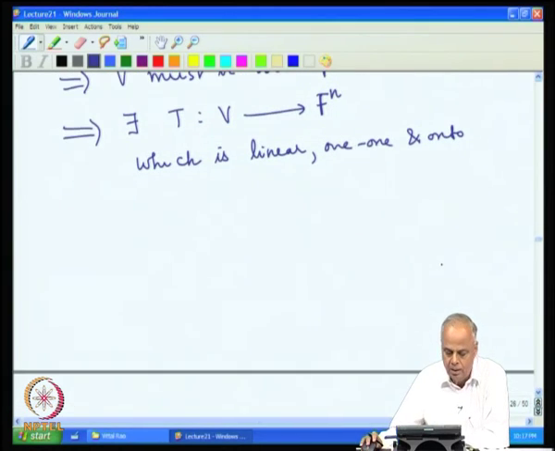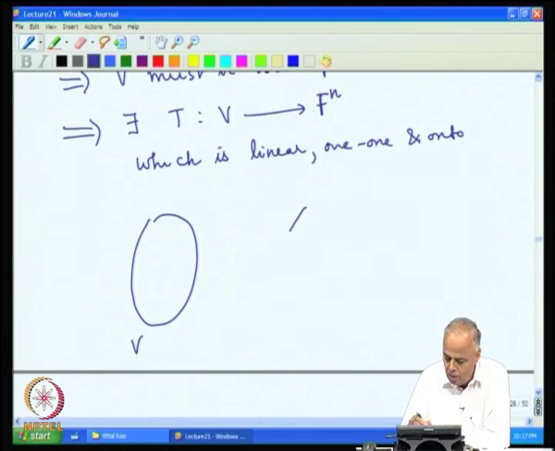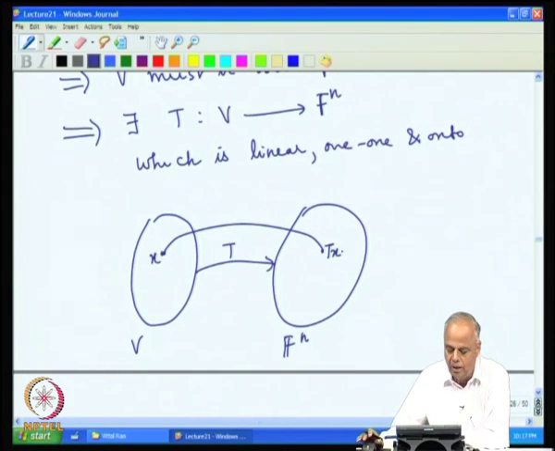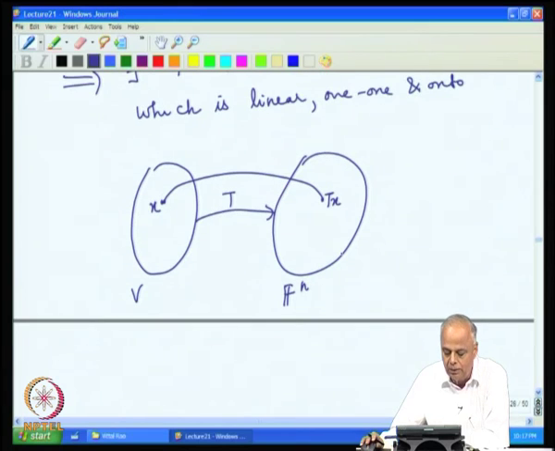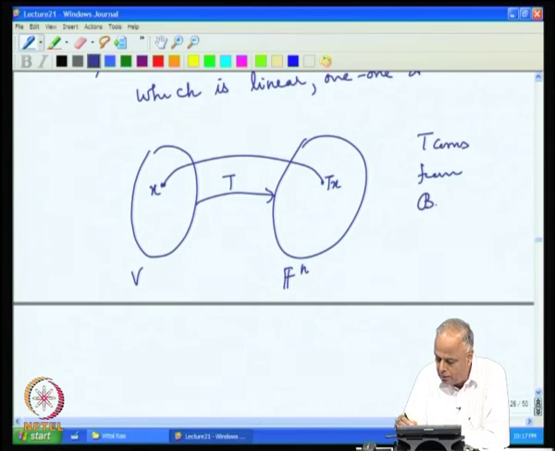What does this mean? This means the following: you have V, you have F^n, you can get a transformation T which takes any vector x in V to the vector Tx in F^n, and this transformation T comes from two bases, B_V for V and B_Fn for F^n.